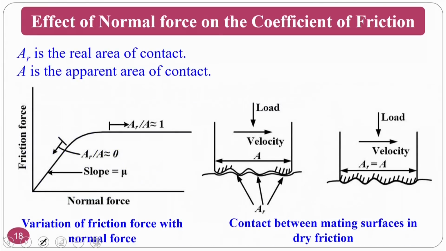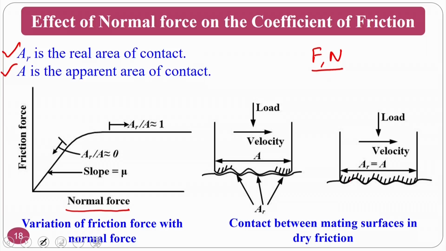Okay. If you take the analysis in the contact surfaces, basically AR is the real area of contact and A is the apparent area of contact. If you see the normal force versus frictional force, that is F versus N. Okay.